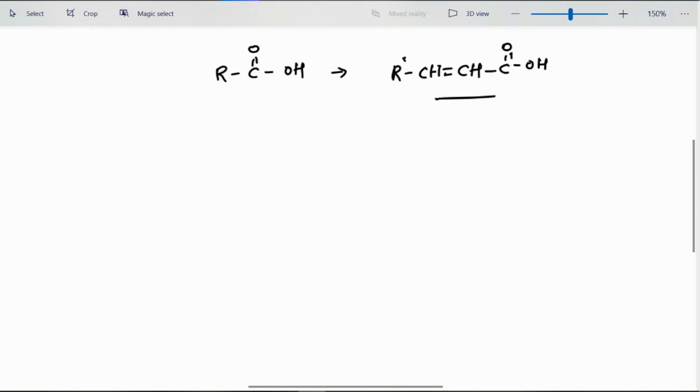But this depends upon temperature and the nature of the reagent. So we learned how the temperature affects the possibility of Michael addition or direct addition.